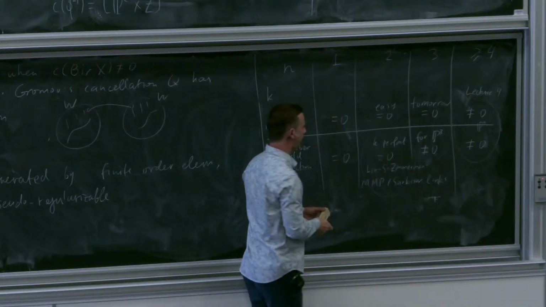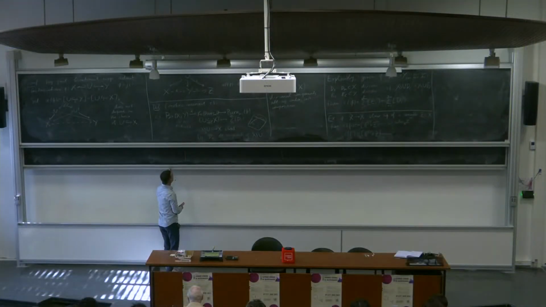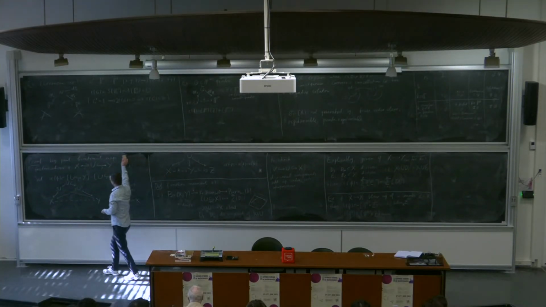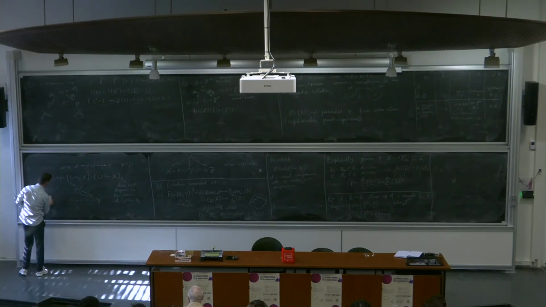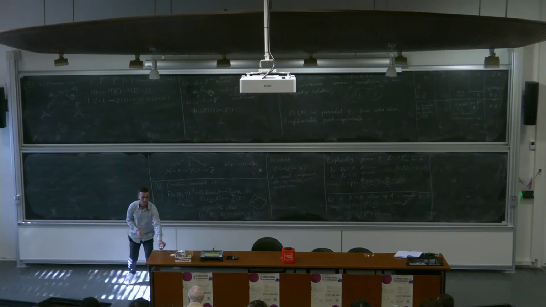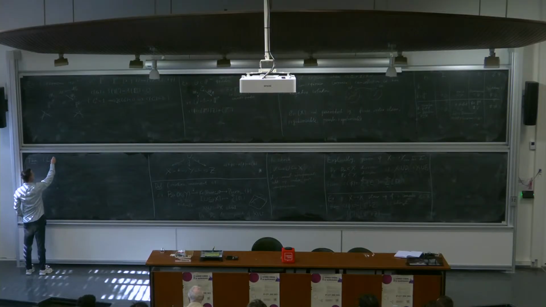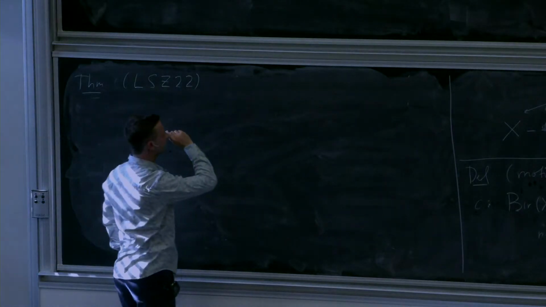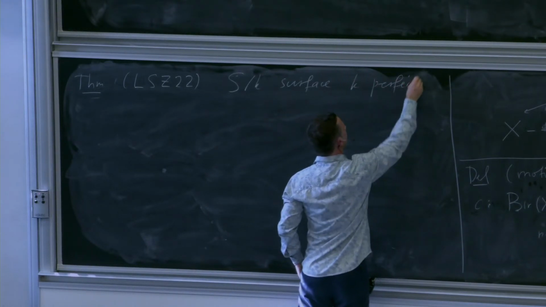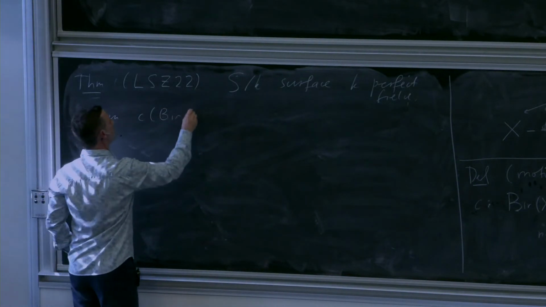The theorem by Lin, myself, and Zimmerman from 2022 says that if S over K is a surface and K is a perfect field, then C of bir S is 0.